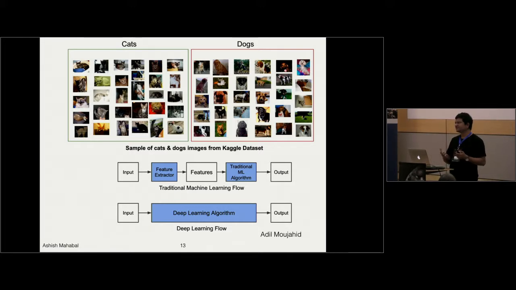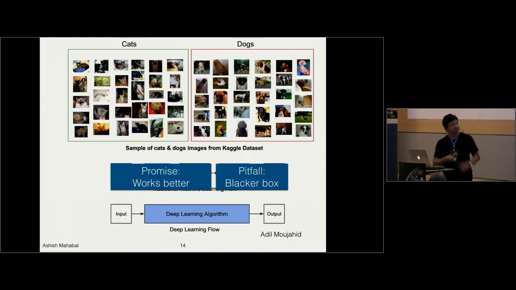And the slight difference is that it gets millions of features, and in that very large dimensional space, that magic is done. And that really seems like magic, and that's why, though it seems to work better, one of the pitfalls is that it is a much blacker box. And trying to understand how it works, how it goes about doing that, is one of the burning questions of the field.